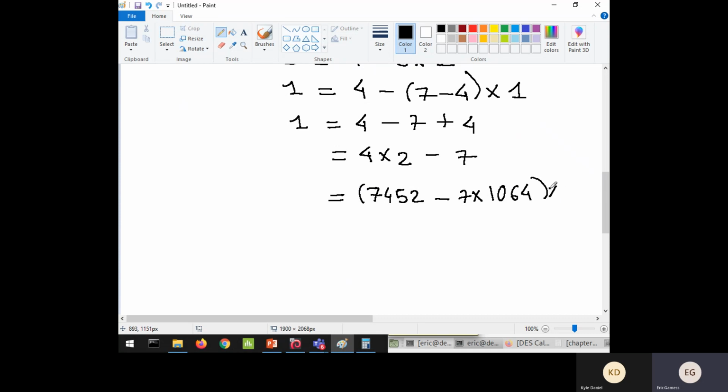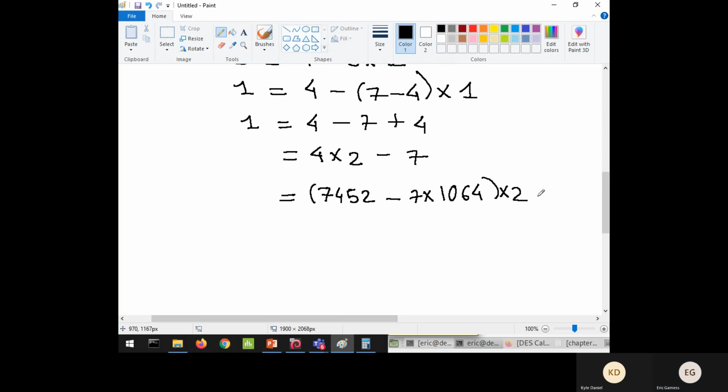Times 2 minus 7. Because we replace the 4 with this. Times 2 minus 7. So let's develop this. It will give me 7452 times 2 minus 7.